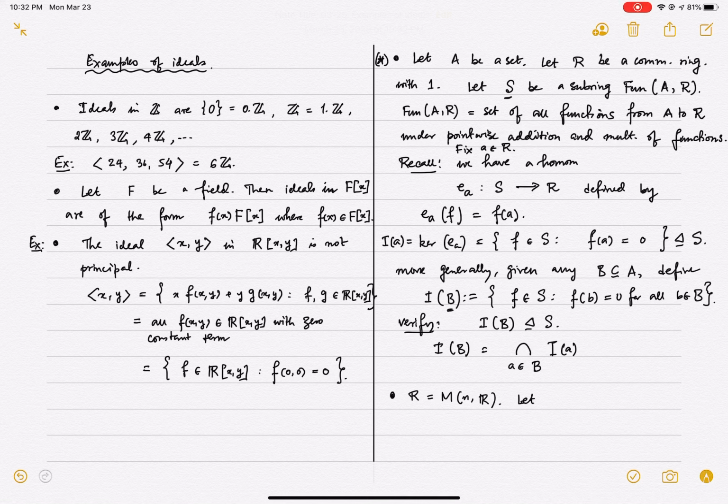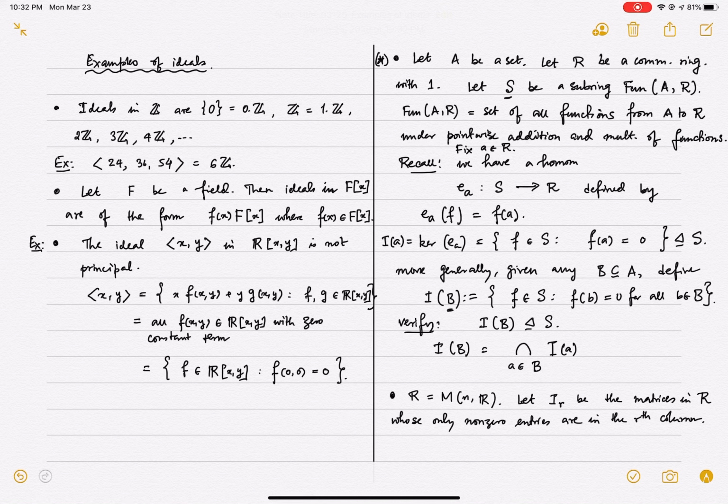Let I sub r, r is some number between 1 and n, be the matrices in this ring whose only non-zero entries are possibly in the rth column.